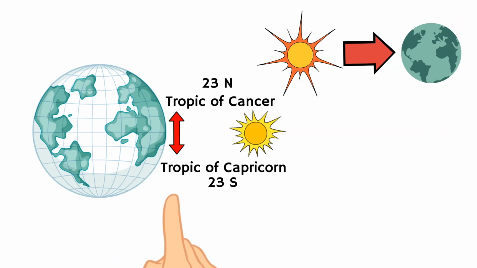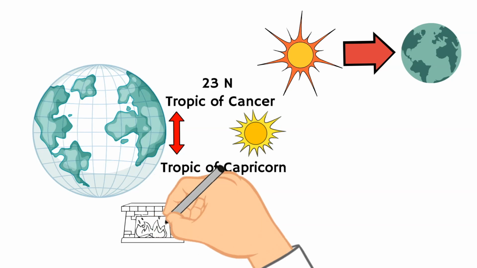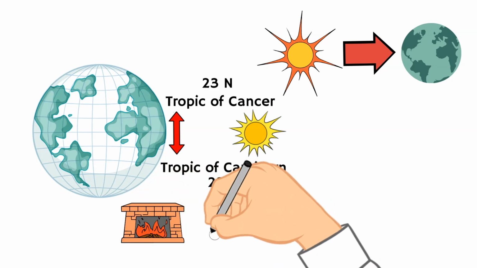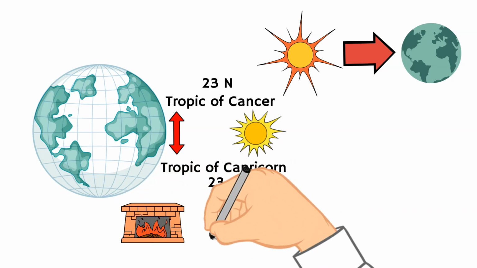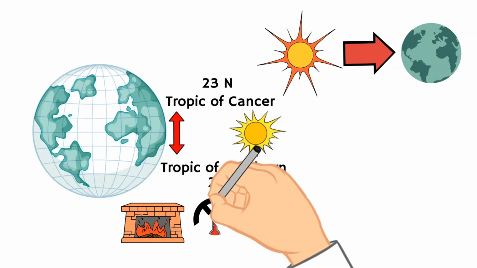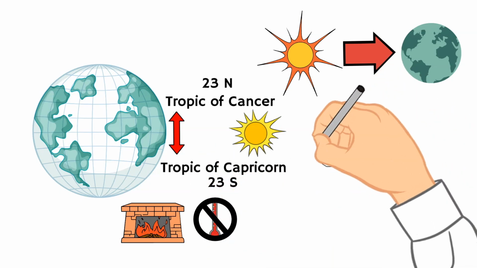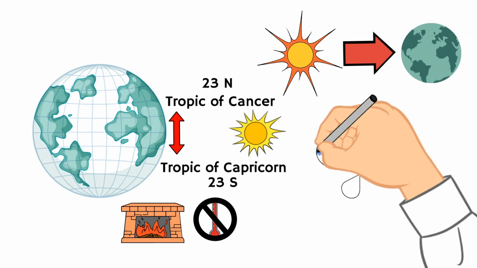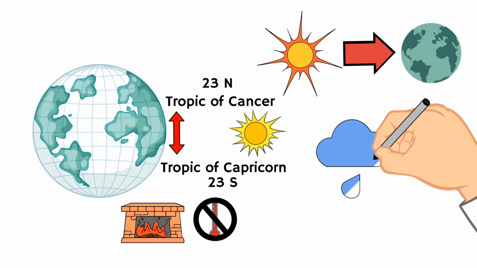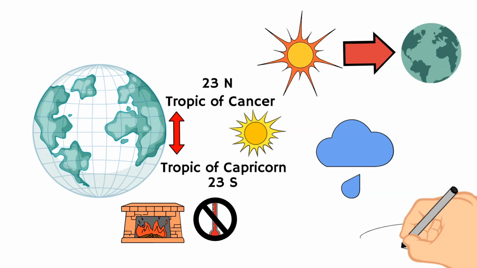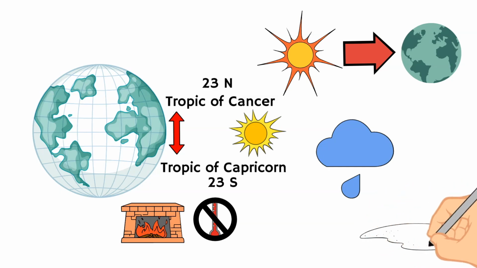Because this sunlight is so strong, that is what makes these areas the warmest parts of the Earth. Because of this, the temperatures don't change much between winter and summer, but most areas located in here do have a rainier season and a drier season.